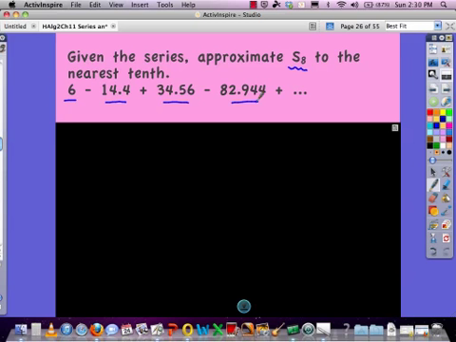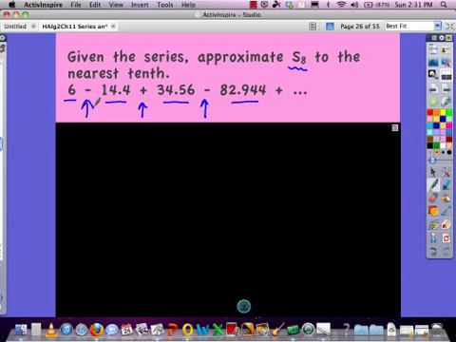But then when we add a negative to a negative, because of this toggling between positive and negative, it is definitely not an addition sequence. So it can't be arithmetic, so therefore it is geometric, and your job is, hey, look and see what you have. We know we have a first term, second term, third term.